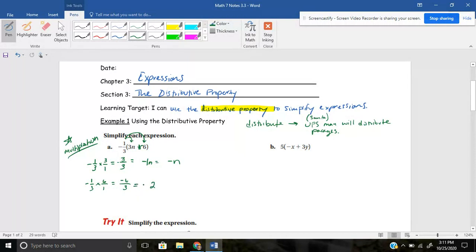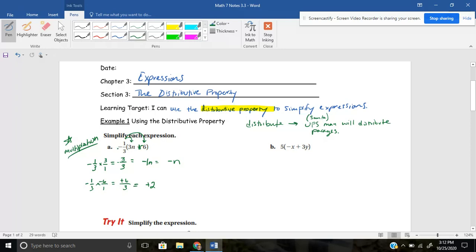A negative divided by a positive, different signs, means that's a negative answer. Oh, sorry. This was also a negative 6. I just forgot that. Okay, so that gives me a positive 6 and a positive 2. See how easy it is to mess up and forget about your signs?